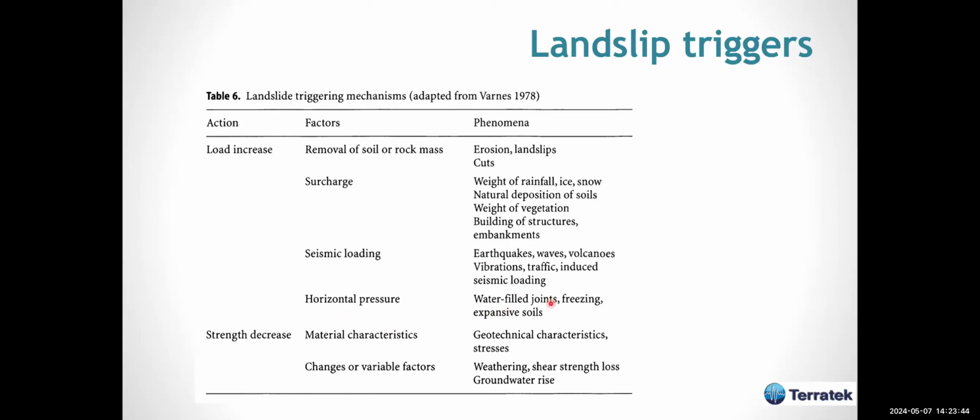Horizontal pressure: water-filled joints, freezing, expansive soils. And material characteristics: geotechnical characteristics, stresses, and weathering, shear strength loss, and groundwater rise. So these are causes.